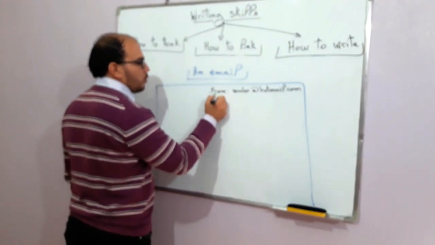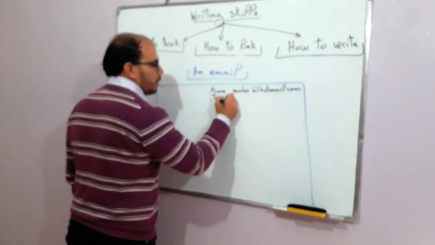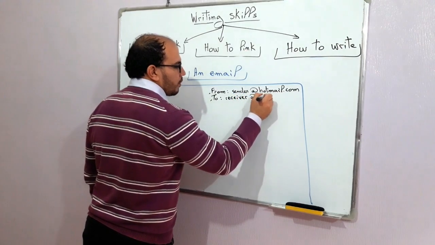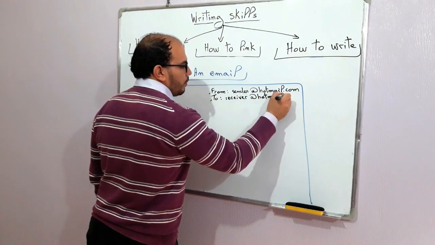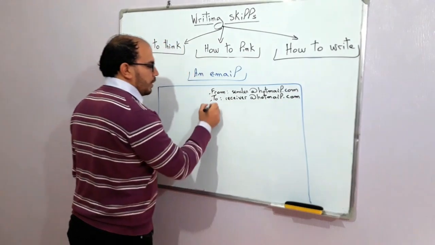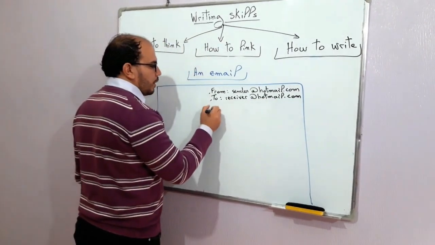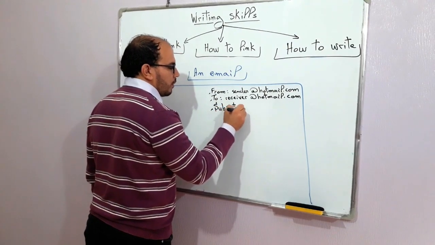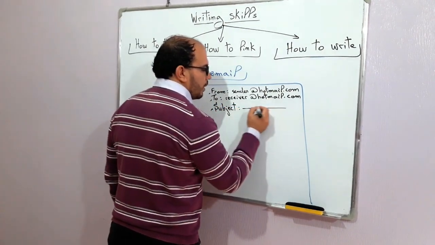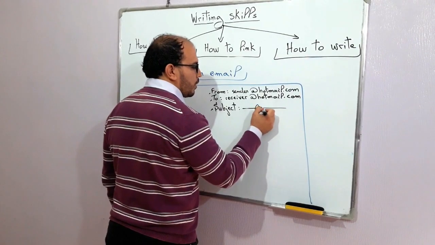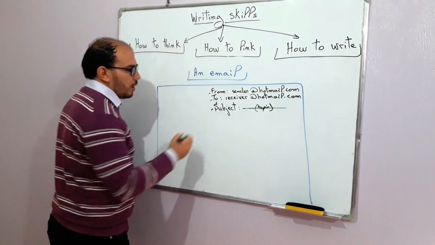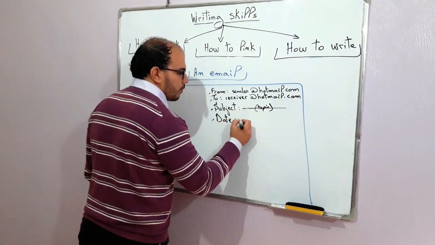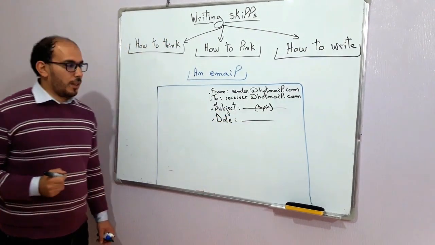And then to means the email of the receiver. Next, I have to write the subject. In the subject I should write the topic. What is the topic? Next I have to write the date. So what is the date?